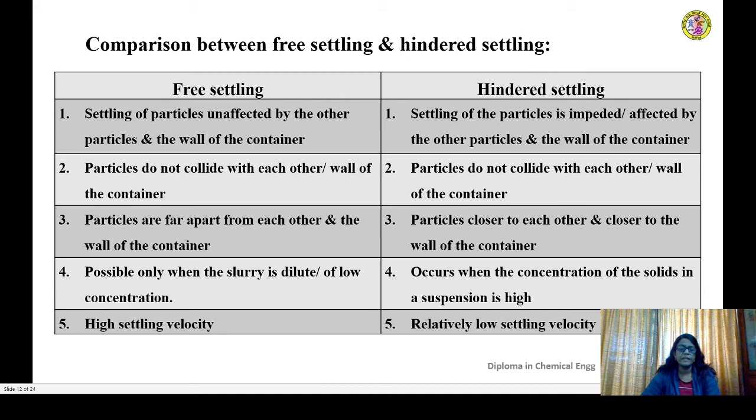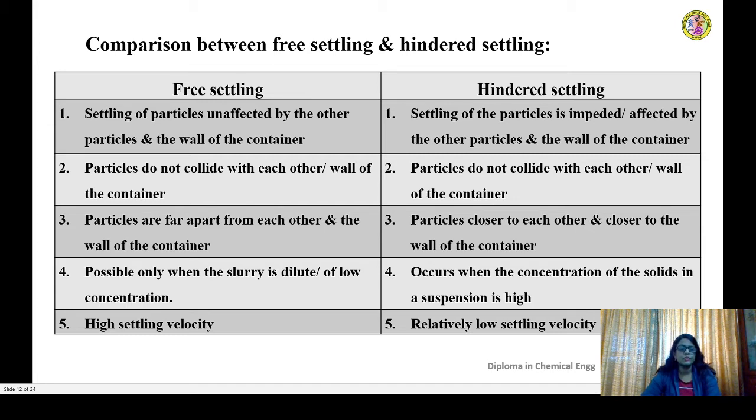In free settling, since the particles are far away from each other, there is no collision between the particles and also the particles will not collide with the wall of the container. Whereas in hindered settling, the particles collide with the container wall and also with the other particles that are closely lying to the particular particle. If collisions are occurring, then it's obvious that the particles in the settling conditions are not far away from each other.